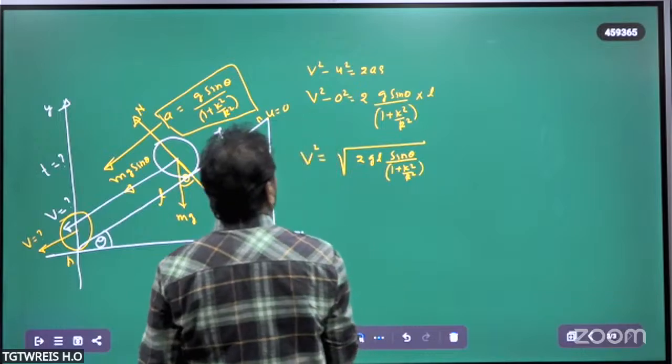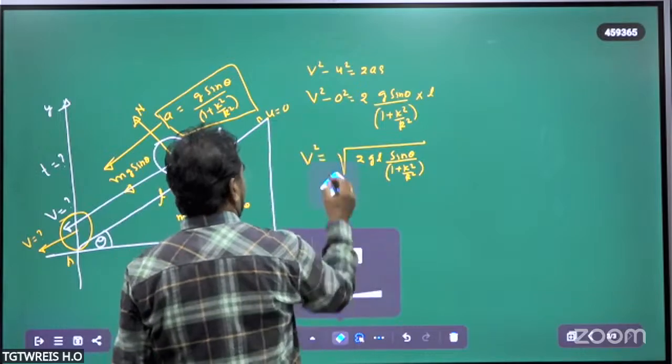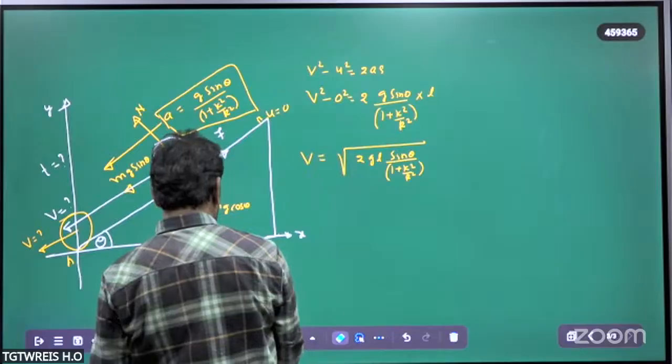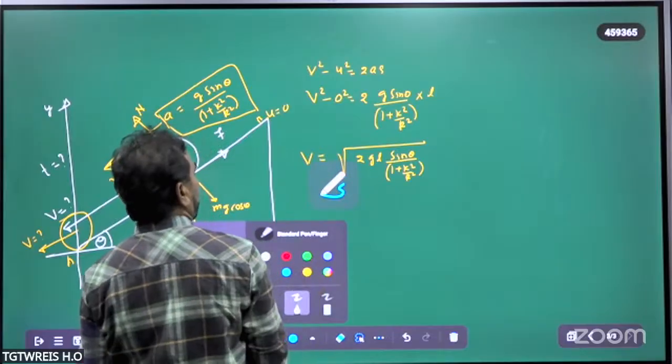So with this velocity, the body would reach the bottom.